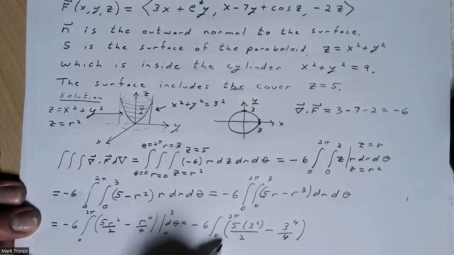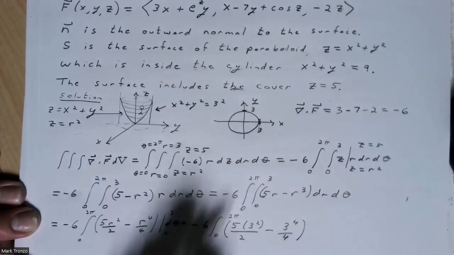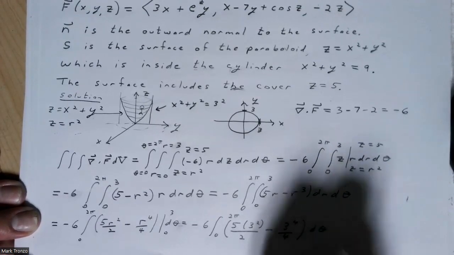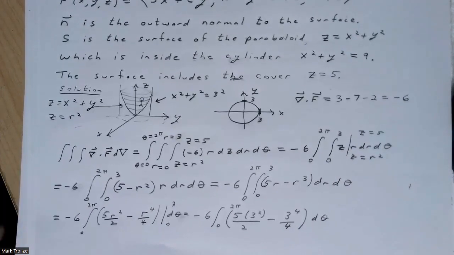And then the lower bound being 0, that'll disappear. Then we have d theta, like this.